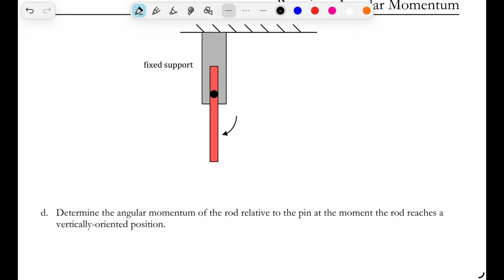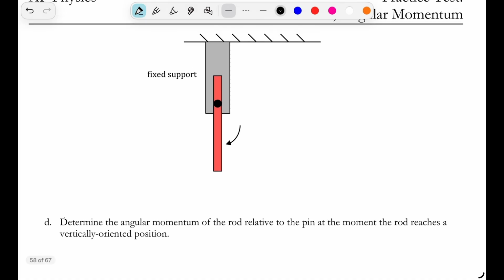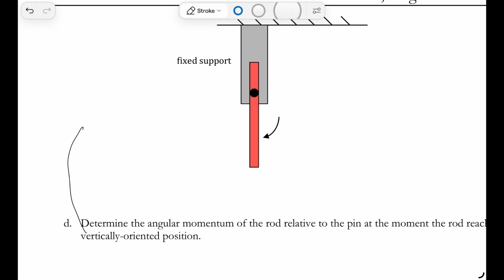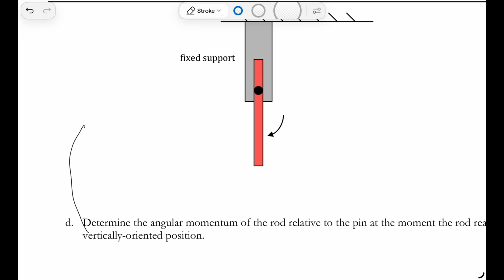Determine the angular momentum of the rod relative to the pen at the moment the rod reaches a vertically oriented position. So we know that when it's vertical, that means the rod falls from horizontal to vertical.